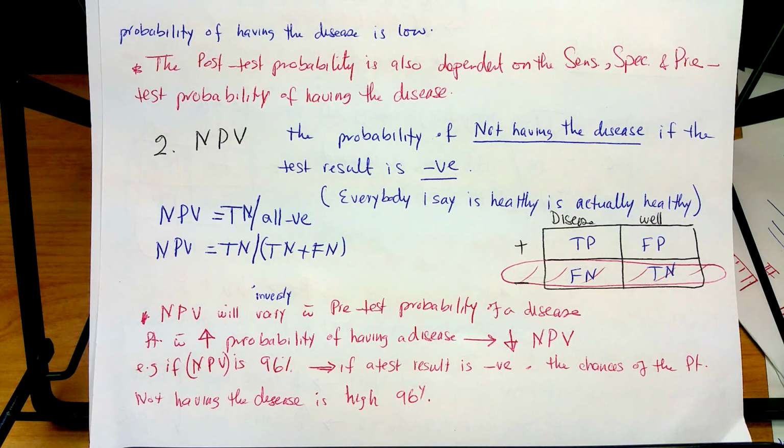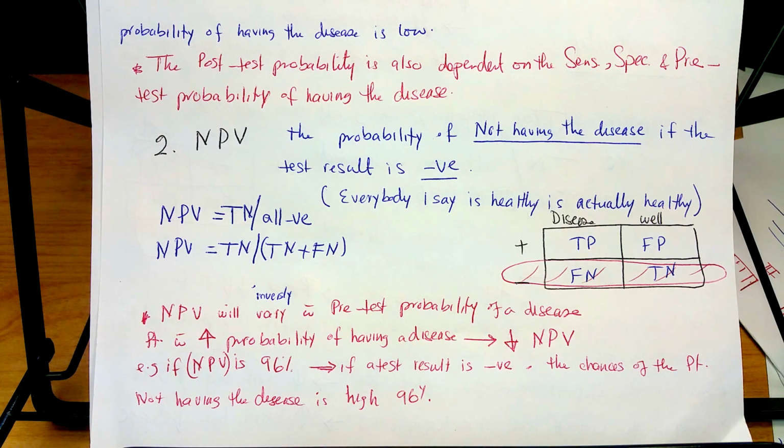So let's talk now about the negative predictive value. It's the probability of not having the disease if the test result is negative. So when the test result is negative and we don't have the disease, that's negative predictive value.